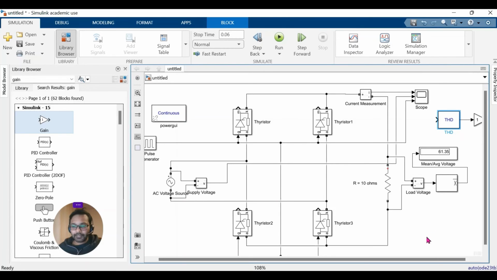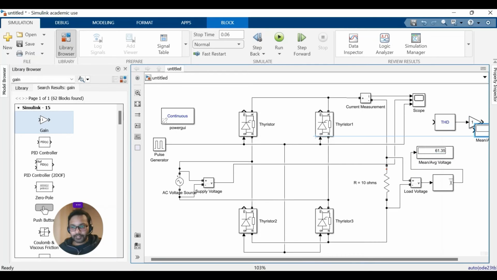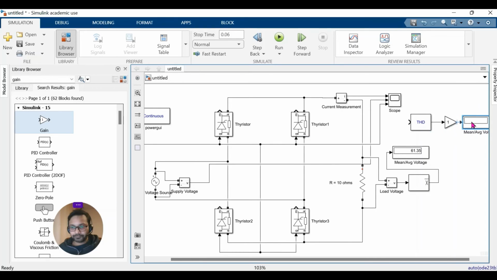Okay, and a display, so I can just copy this one and connect it hopefully here, and this is my total harmonic distortion in percentage.